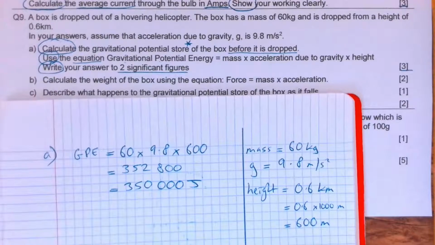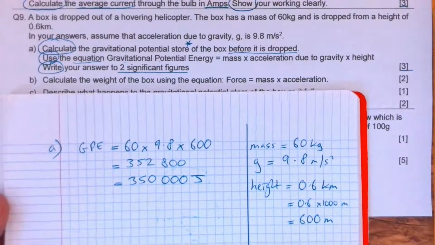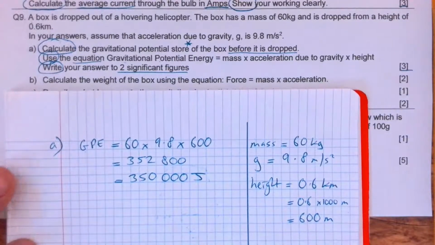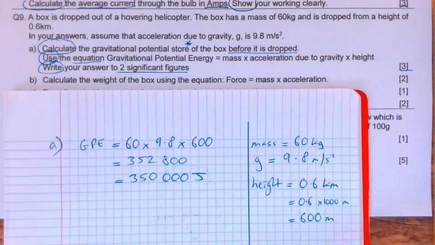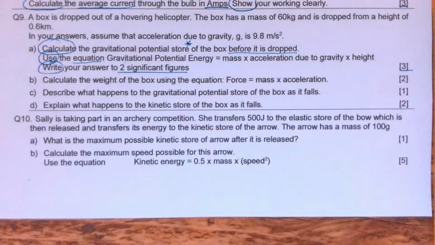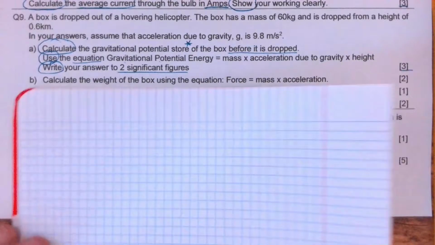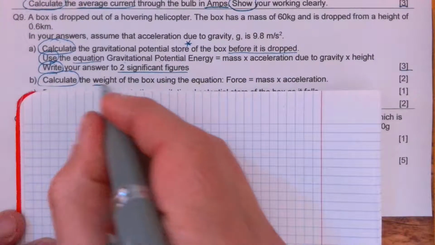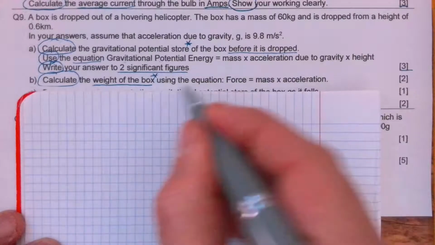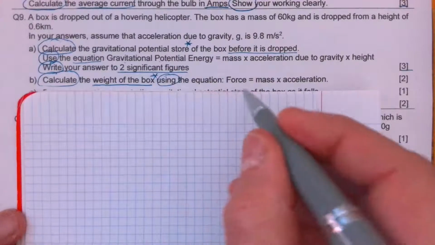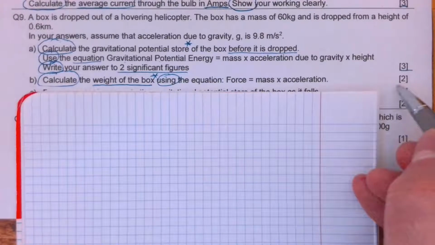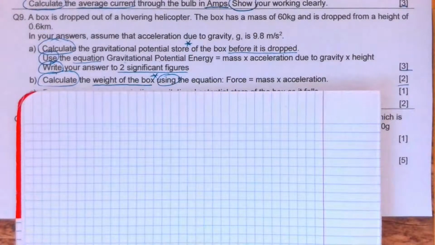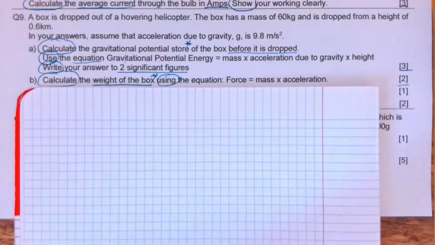Could you circle part B, please? Okay, so B, it's a calculate question. The weight of the box, using the equation force equals mass times acceleration, and it's worth 2 marks. Okay, so let's see what we've got.